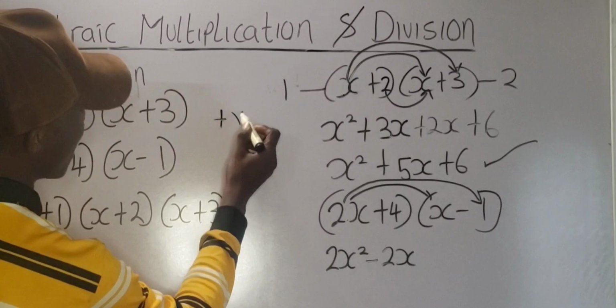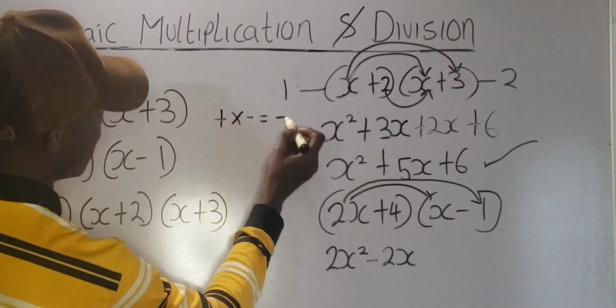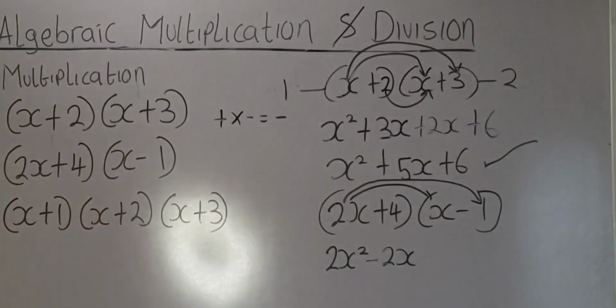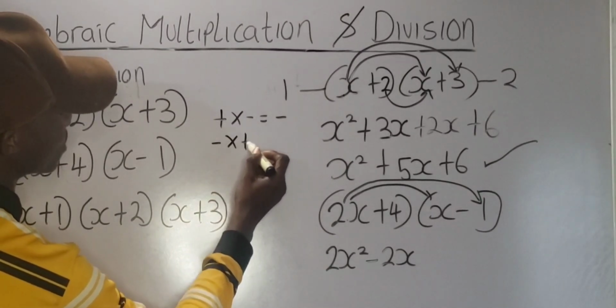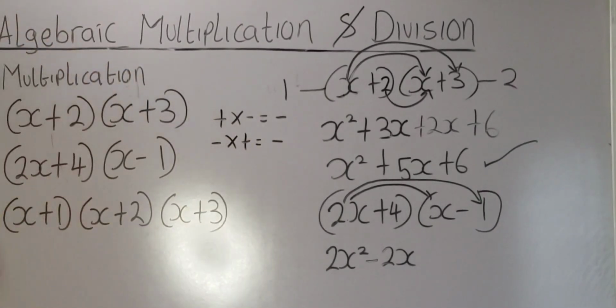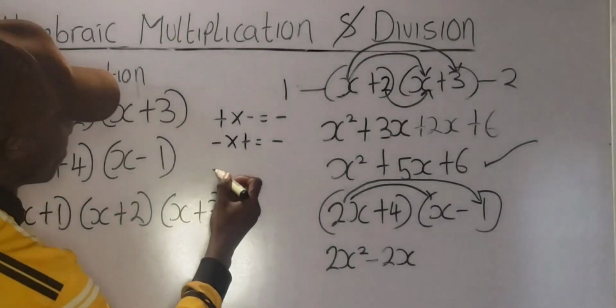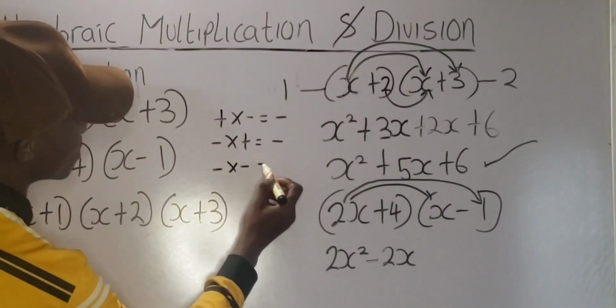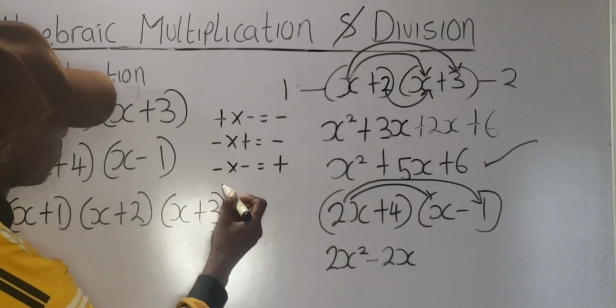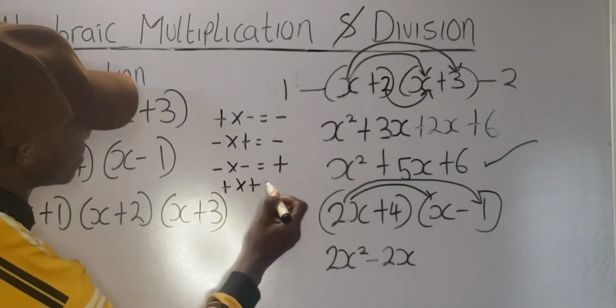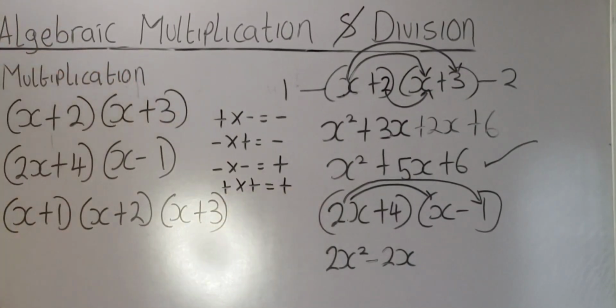Plus times minus is what? Minus. Okay? Minus times plus is what? Minus. Okay? Minus times minus is what? Positive. Then positive times positive, that is what? Positive. Do you understand?